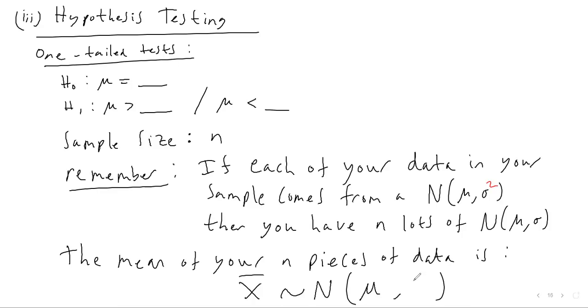So it's the original mean, and the variance is now sigma squared over n. Again, you don't need to know the details. You just need to know that this is true. If you want to know the details, I'm actually going to do some videos this summer doing some crossover A-level and university maths where I will go through the explanation for this. But all you need to know for next week's exam is this here.